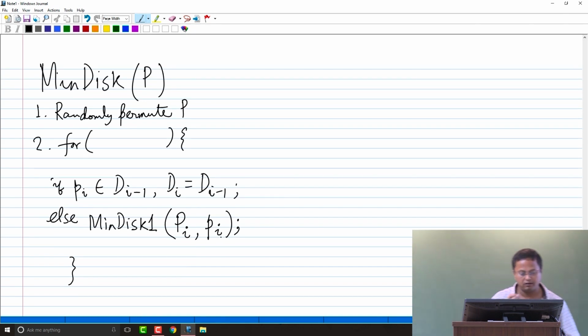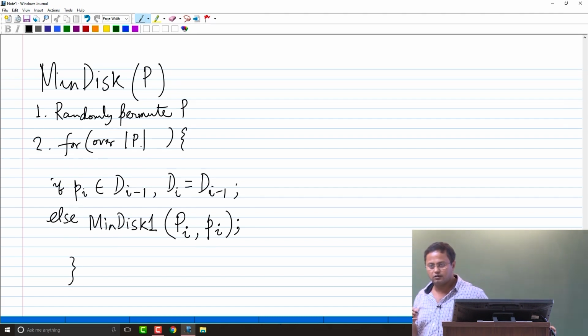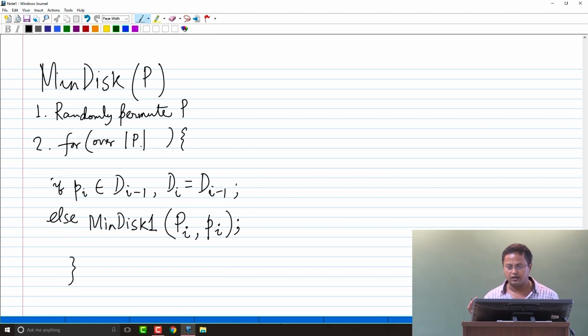The for loop is running over n on P. So, now you call min disk with capital Pi, and the point constant to lie on the boundary, that is small pi.